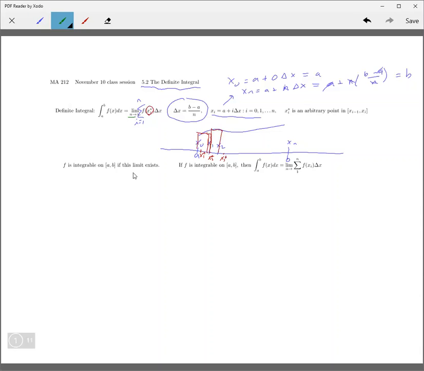And for functions that have a finite number of jump discontinuities, it's also going to work, because if it's other kinds of discontinuities, then it might not work. So if f is integrable on [a, b], then the integral is equal to this limit. That's basically kind of circular reasoning: it's integrable if this happens, and so on.